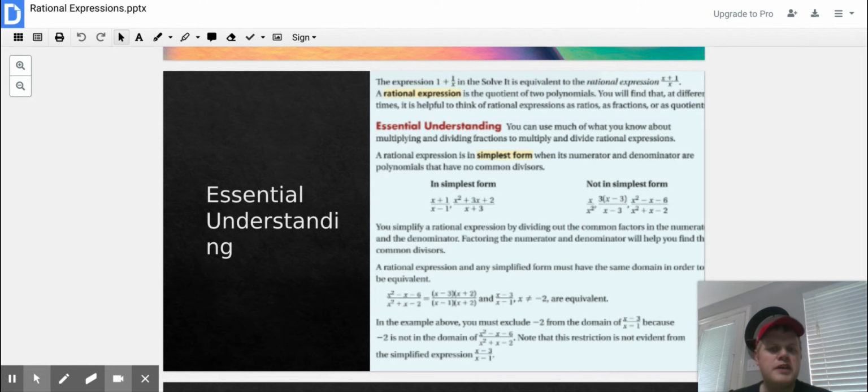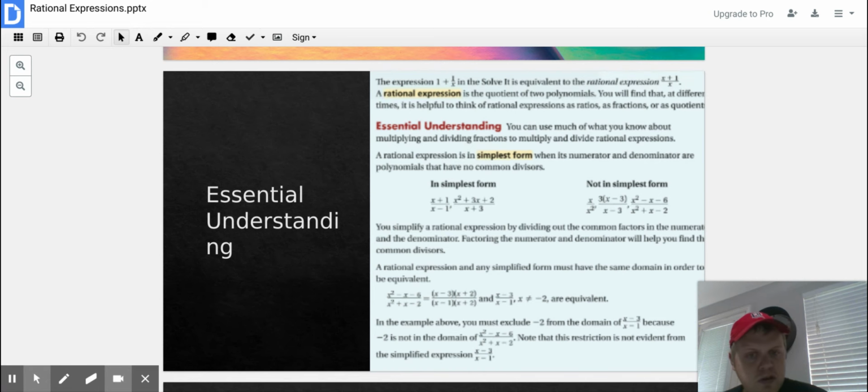You simplify a rational expression by dividing out the common factors in the numerator and the denominator. Factoring the numerator and denominator will help you find the common divisors. A rational expression in any simplified form must have the same domain in order to be equivalent. So if we had x squared minus x minus 6 over x squared plus x minus 2, you'd have to factor those first.